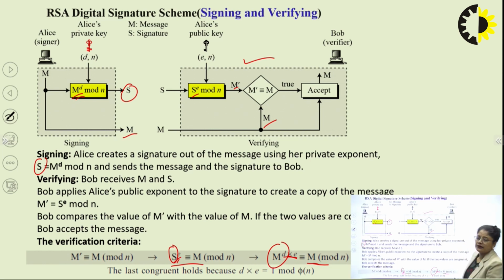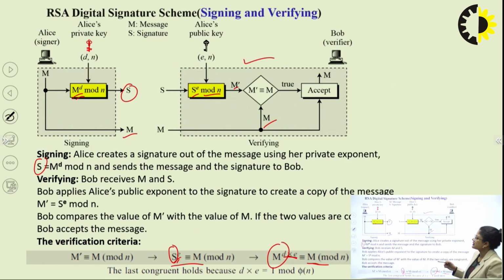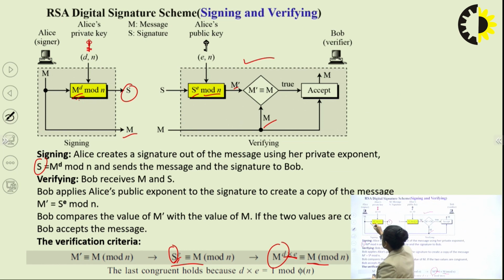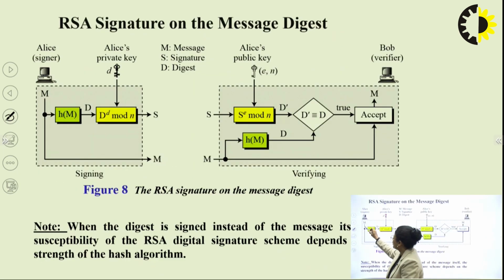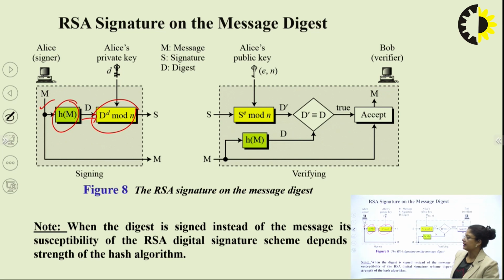Via this, we can verify that the signature generated is verified using the equation of the verifying algorithm. The same thing is also possible if, instead of working on the message, we work on the message digest. The only difference is that here we are not taking the message directly, we are applying a hash to the message, and to the digest we apply the signing algorithm.